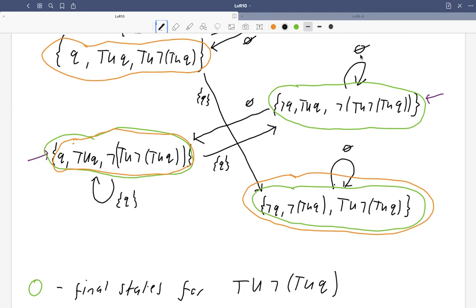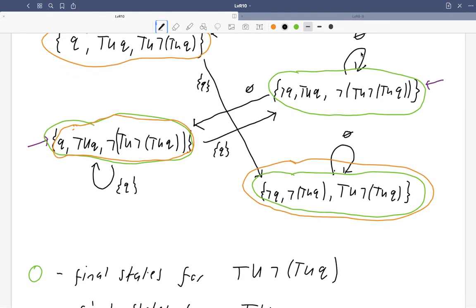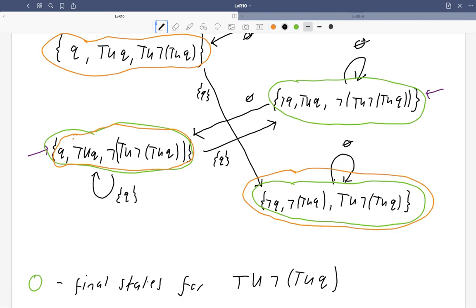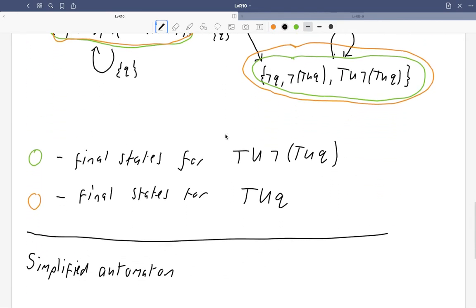Remember, the alphabet are sets of atoms. And the only atom we've got is Q, so it's either the empty set or the singleton. So an empty set transition to itself and an empty set transition to the other one.